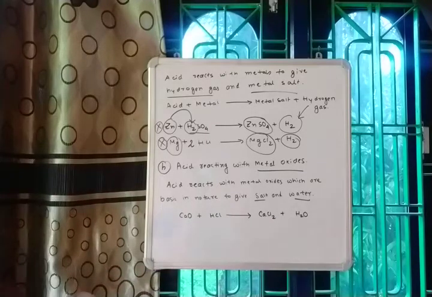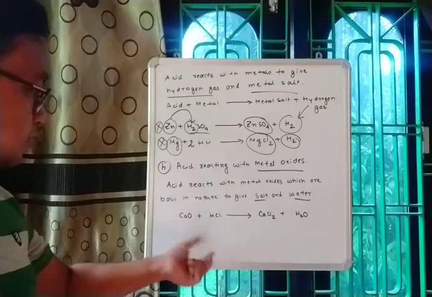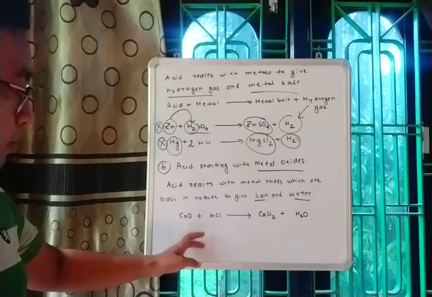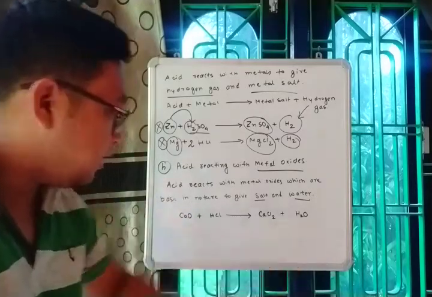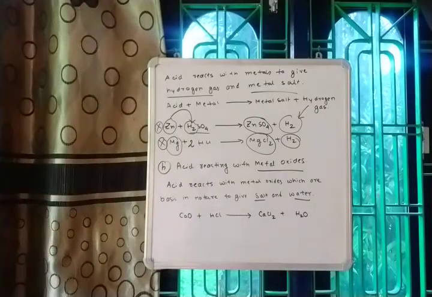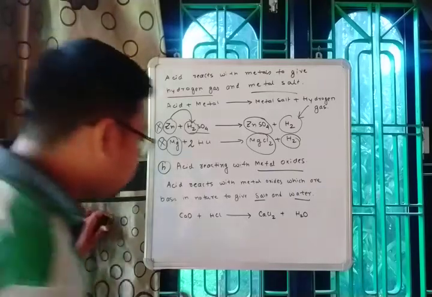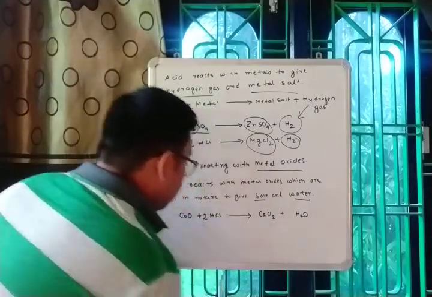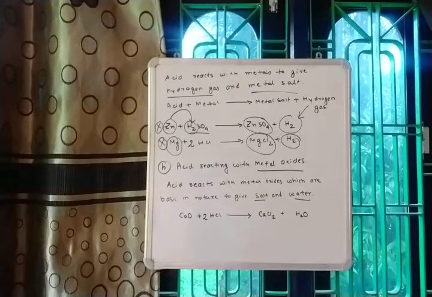So in order to make the number of atoms on the left side equal to the number on the right hand side, we need to make a change, and that change will be adding a 2 here. So now calcium oxide plus 2HCl gives us CaCl2 plus H2O. Correct? Now the equation is balanced.